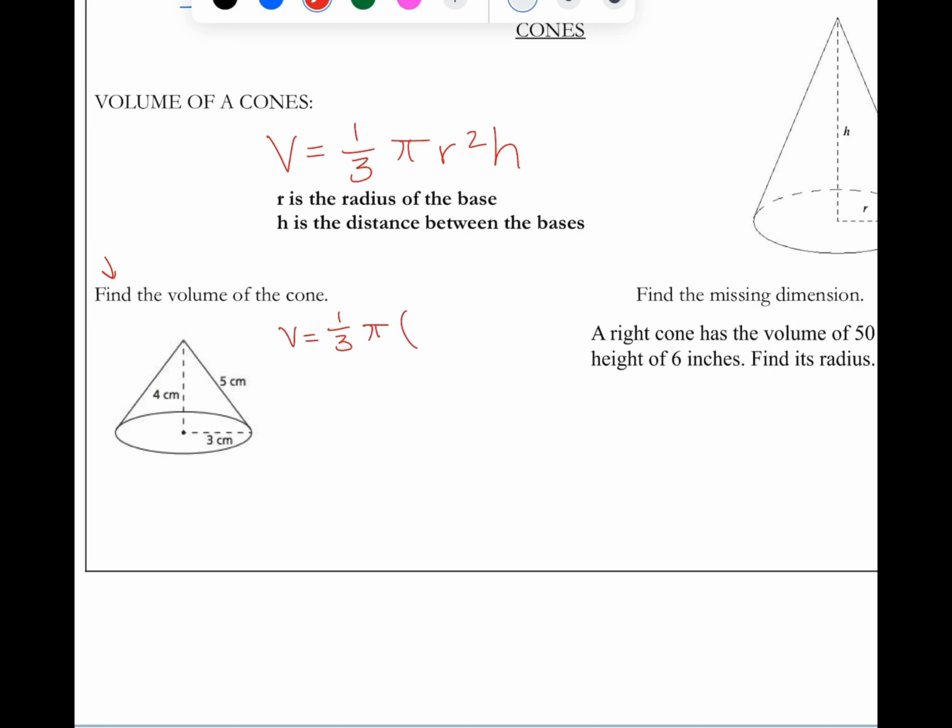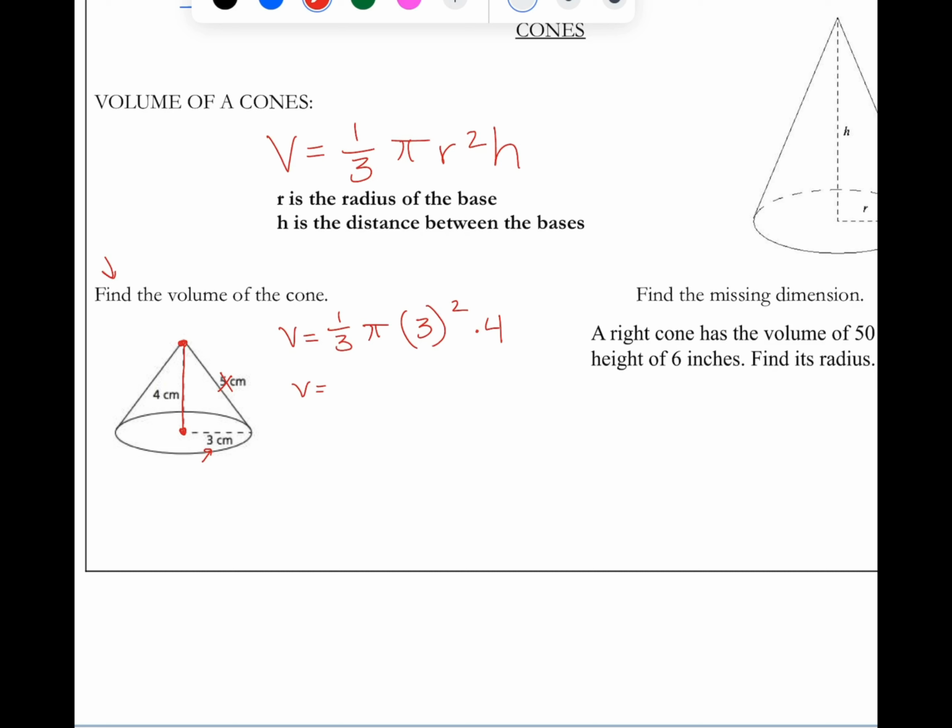Volume equals 1/3 times pi. Our radius here is 3 squared times the height, which is from our apex in this situation down to our base, the straight line, 4. We will not use 5 because it is the diagonal. We want a straight line from the apex down to the base.